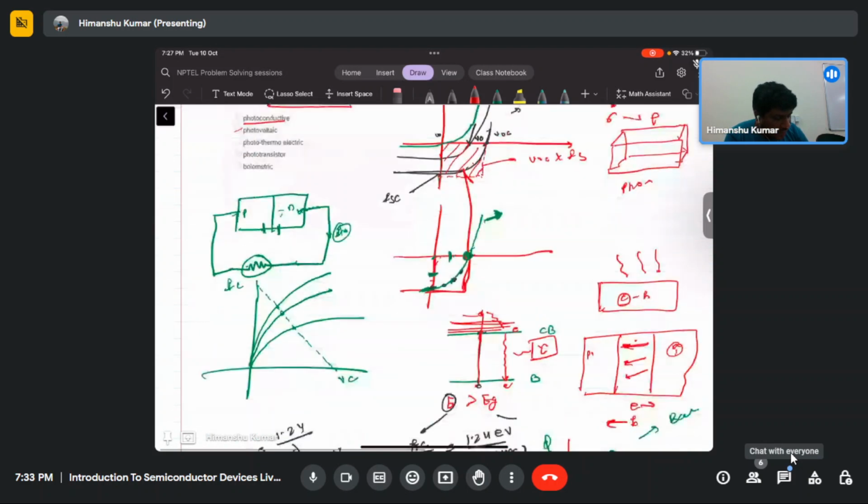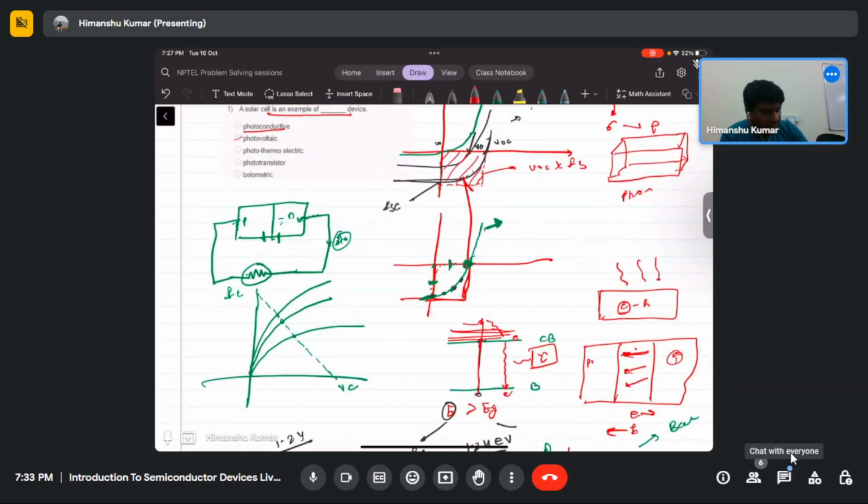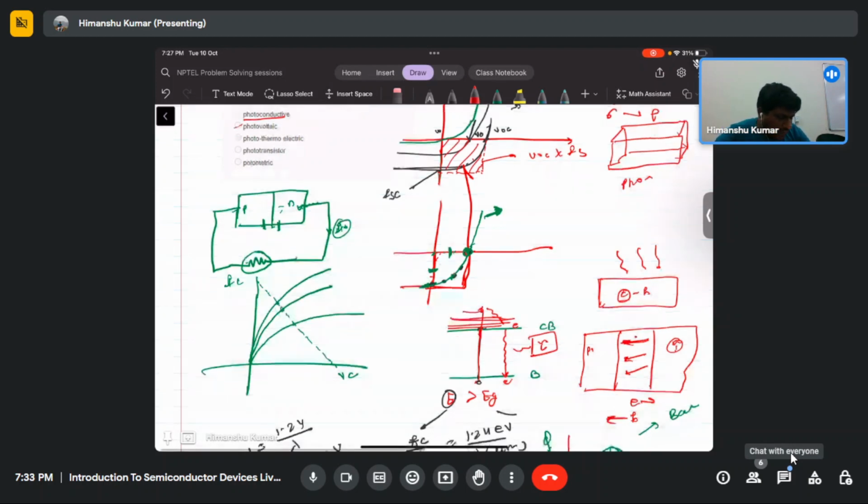And the photovoltaic effect is not just a change in conductivity. When you shine light on the PN junction, there is not much change in the conductivity, but the electron hole pairs get separated, and that leads to a finite voltage at the terminal of the PN junction.